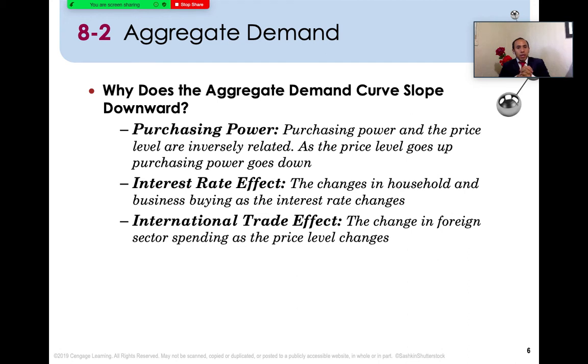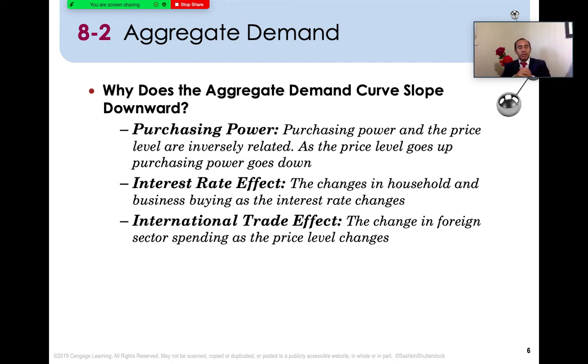The third reason why the aggregate demand curve is downward sloping is the international trade effect. The international trade effect specifies that there is foreign sector spending that takes place as the price level changes.